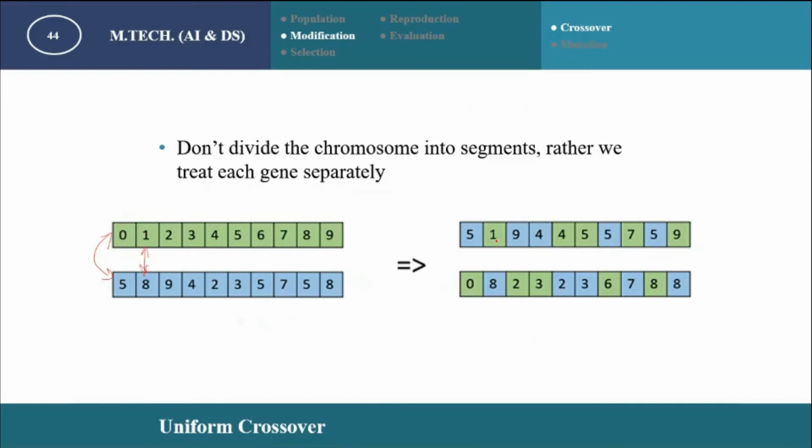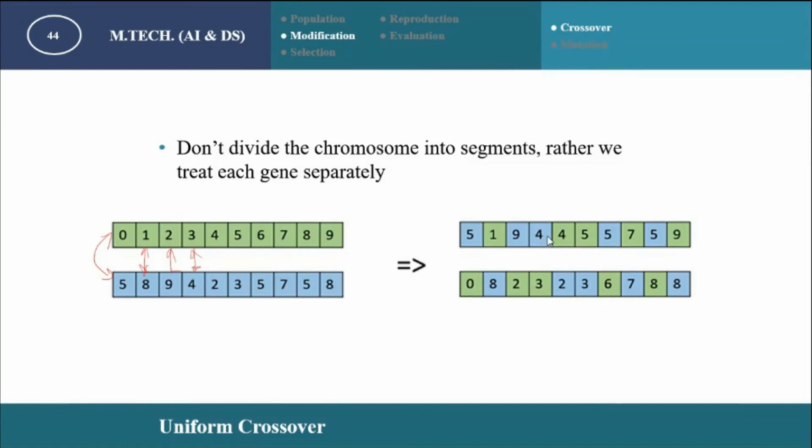So 1 goes here and 8 goes here. Then next 2 and 9. So 9 goes here and 2 goes here. Then 3 and 4. 4 goes here and 3 goes here. So likewise, randomly one gene is assigned to one chromosome, and the remaining gene is assigned to the second chromosome. That is the uniform crossover.